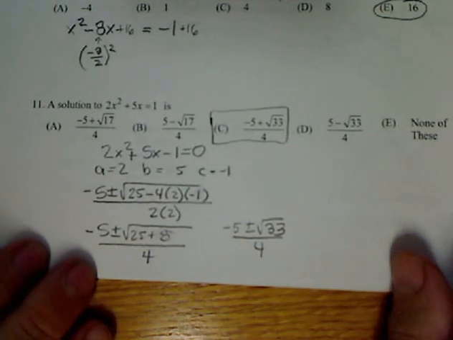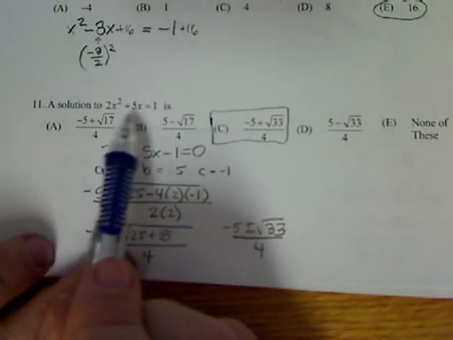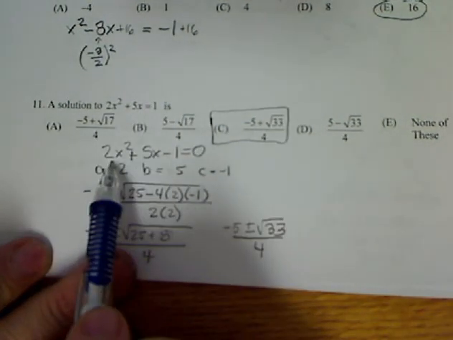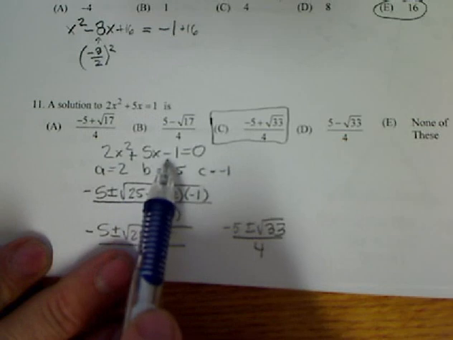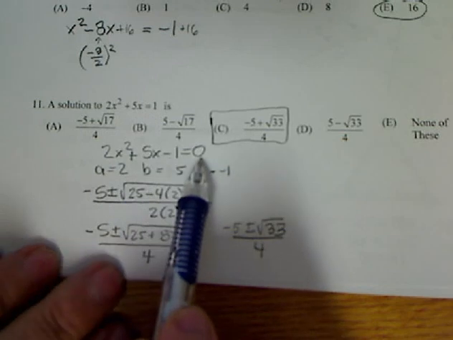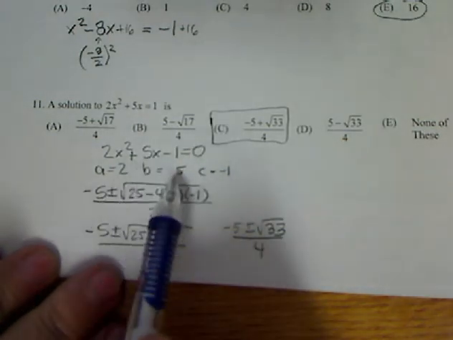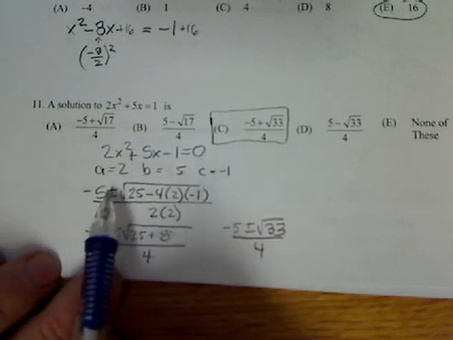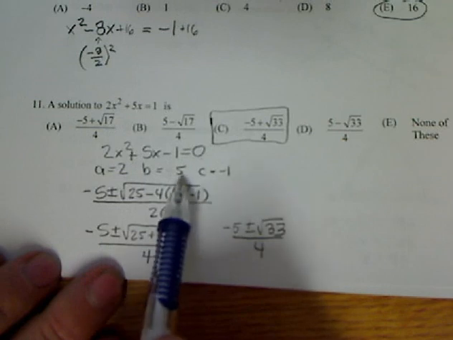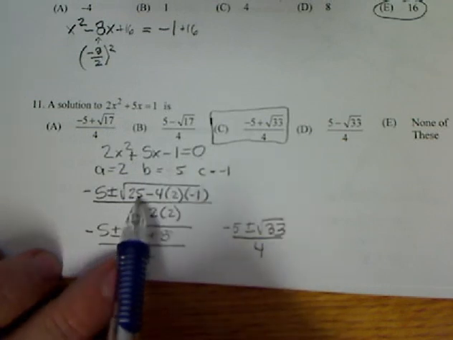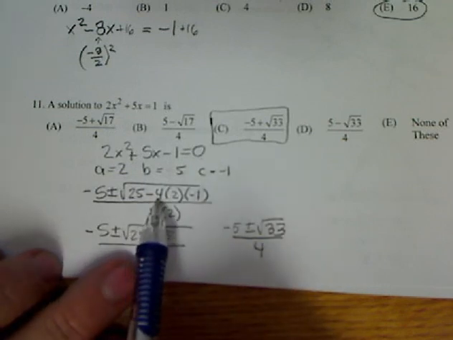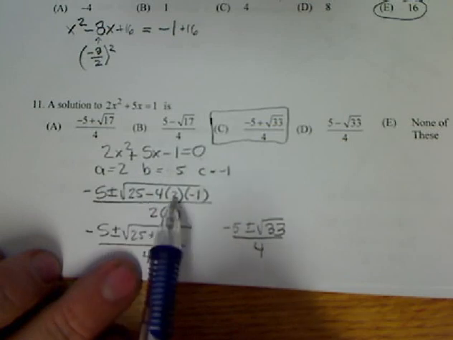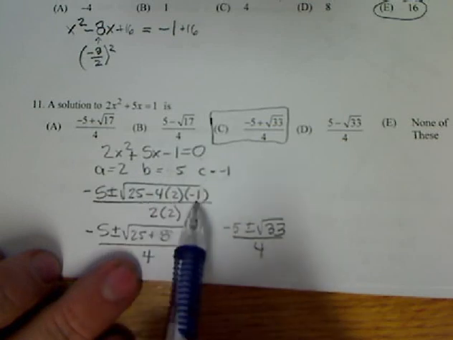Question 11, this is using the quadratic formula. So first I've got to make sure it equals 0. So 2x squared plus 5x minus 1 equals 0. A is 2, B is 5, C is negative 1. So I do negative B, so it's negative 5 plus or minus square root of 5 squared is 25 minus 4 times A, which is 2, times C, which is negative 1.